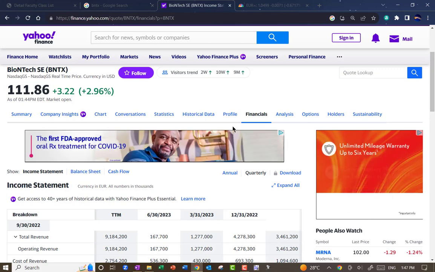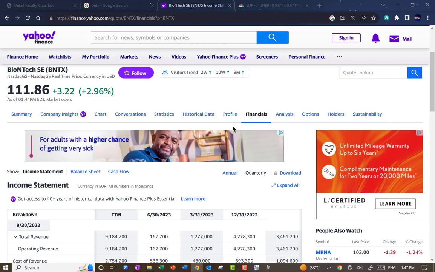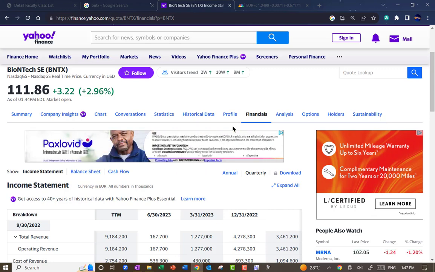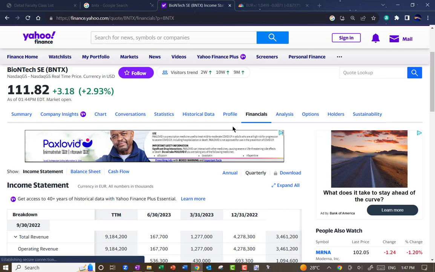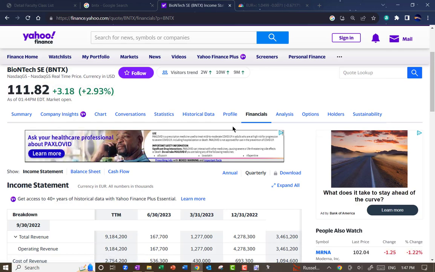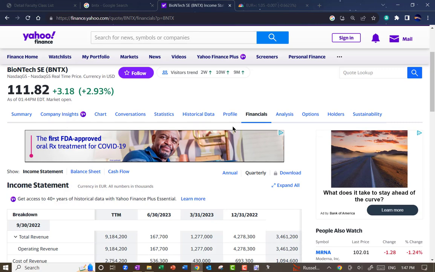Presumably, most of the inputs of BioNTech are in euro terms. They have to pay their workers, they have to get their supplies, but they do all of that in Europe, right? Moderna does that in the US. So when the euro goes down in value, what happens to BioNTech? Do they like it or not?